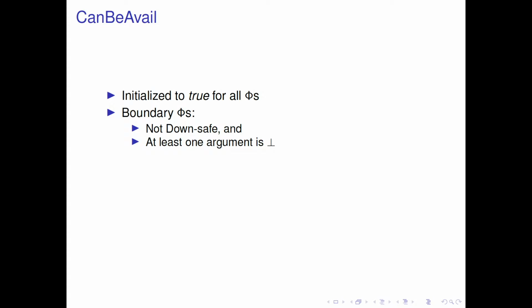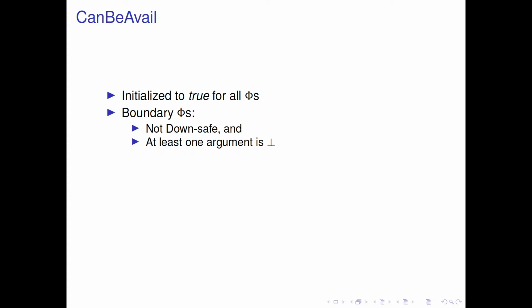That's why this is bot. If there was some computation, I would have got H5 or H7. Similarly, it is not down safe, which means there exists a path from this point to exit along which E is not computed.